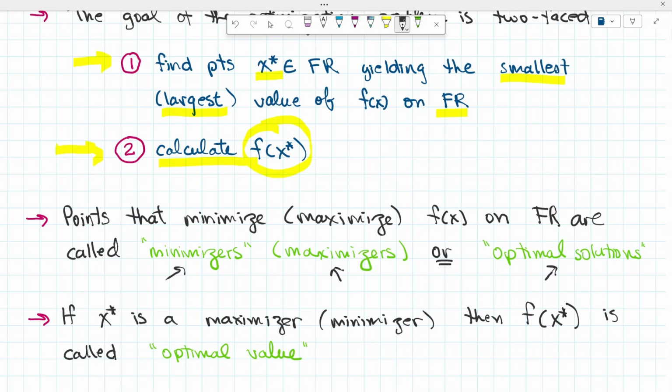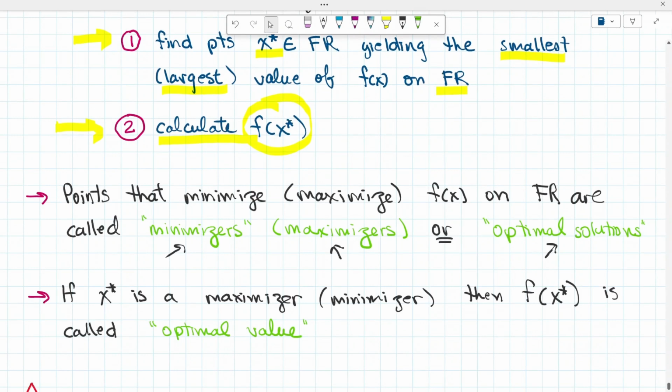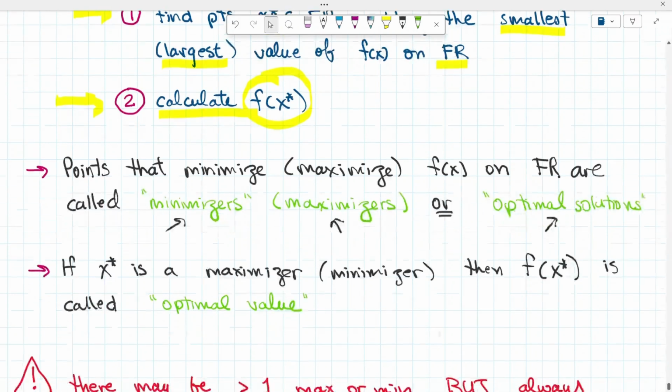The optimal solution is your x value, whereas your optimal value is the value of your function f of x at your minimizer or maximizer. So if x star is a maximizer or minimizer, then f at x star is called your optimal value. Okay, so that's a bit of terminology that we have to wrap our head around.